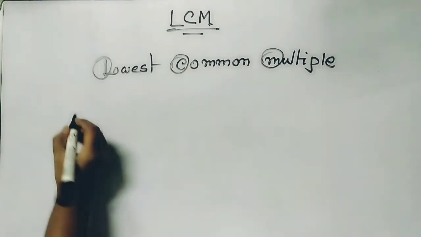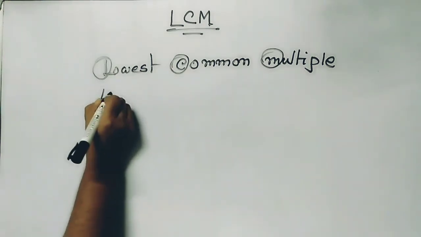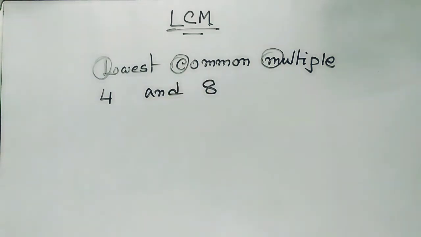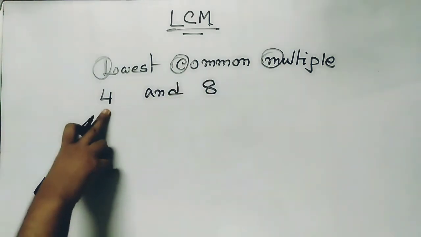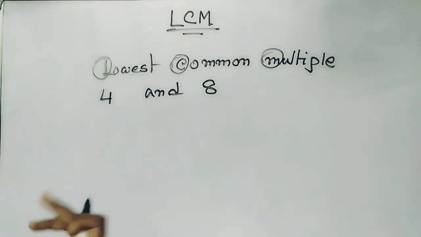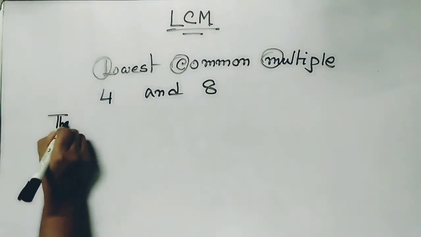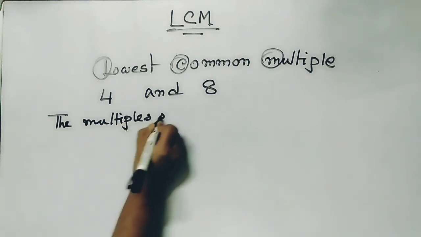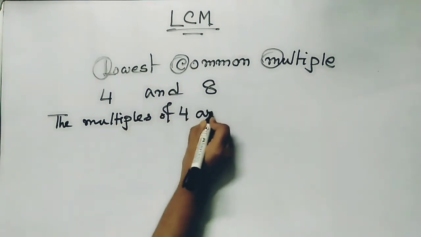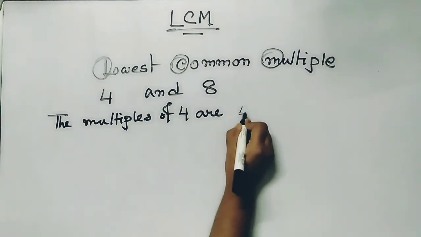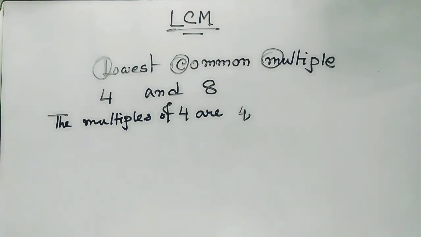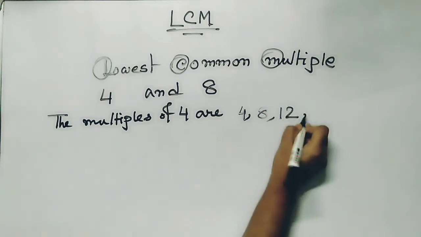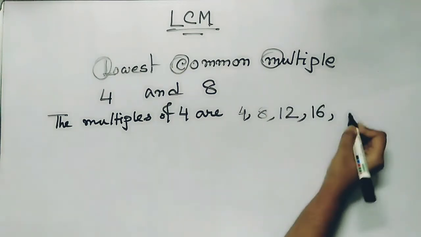Suppose I take two numbers 4 and 8. Now what are the multiples of 4? The multiples of 4 are 4, that is 4 into 1 is 4, 4 into 2 is 8, 4 into 3 is 12, 4 into 4 is 16 and so on.